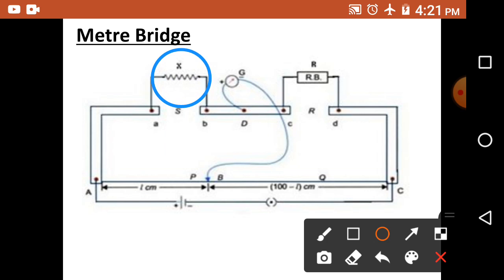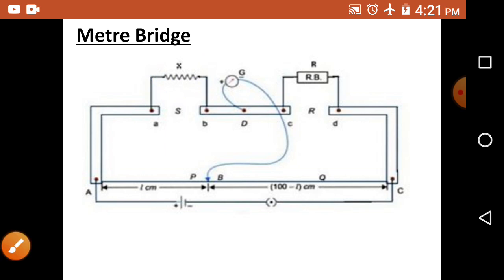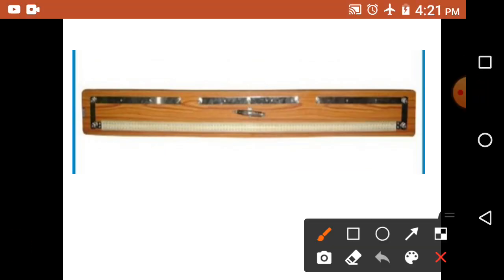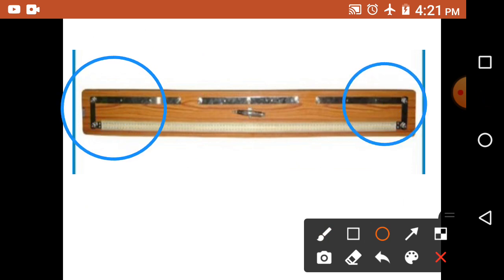Now we will see the actual meter bridge so that it is clear to you. Now this is the meter bridge. It has got two metal strips at the two ends, you can see over here. The third metal strip is over here at the center.